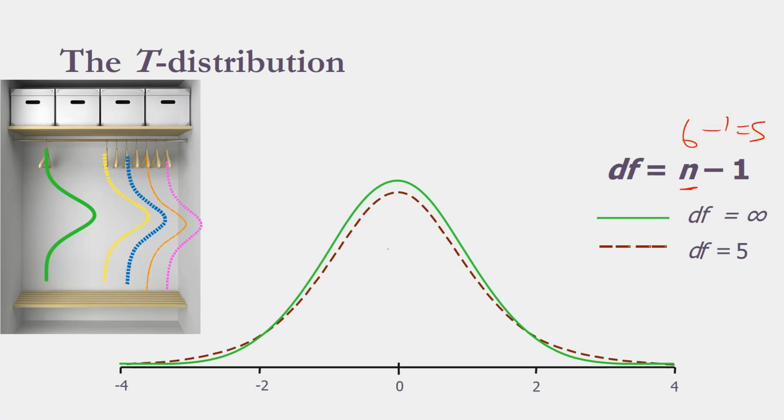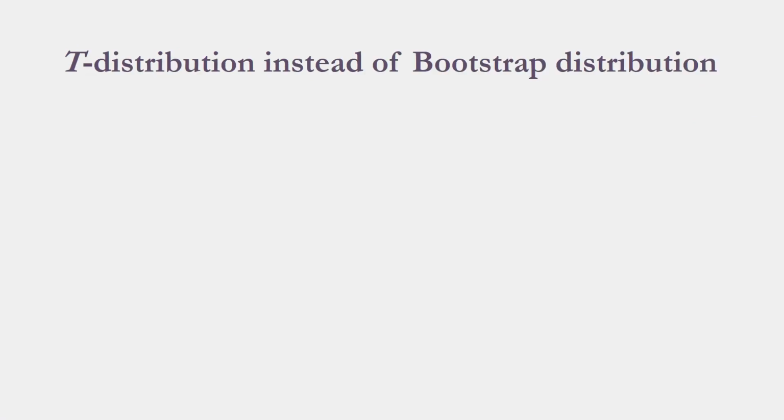You can see it's squished down a bit and it's fatter in the tails. Degrees of freedom 2, more smushed down, more fat in the tails. So all these t-distributions, and there's infinity many of them, with all these different degrees of freedom, they're all slightly different shapes. So how can we use that to help us?